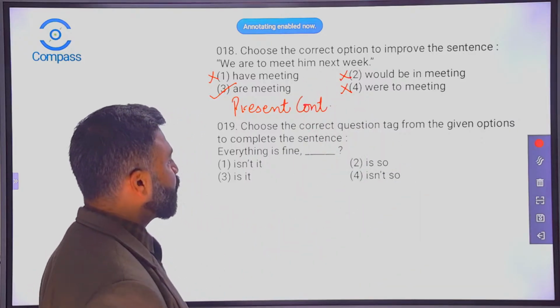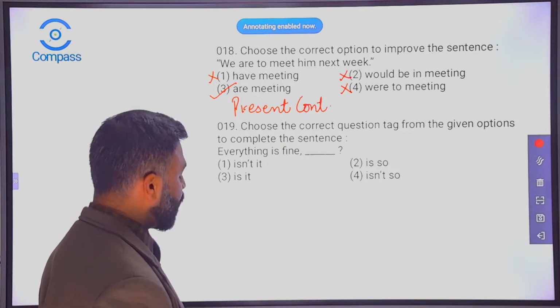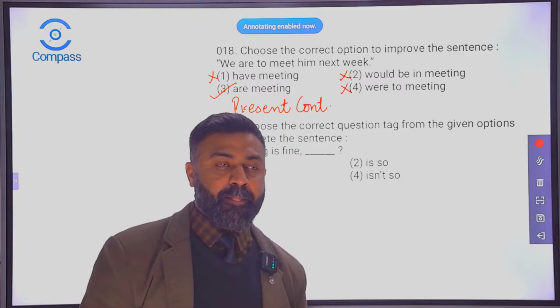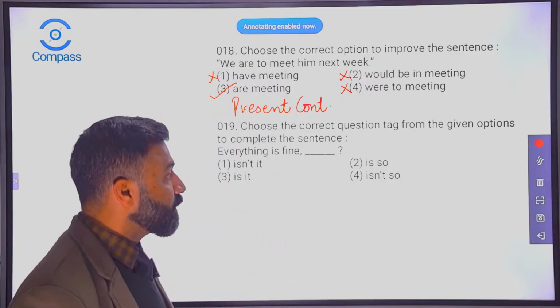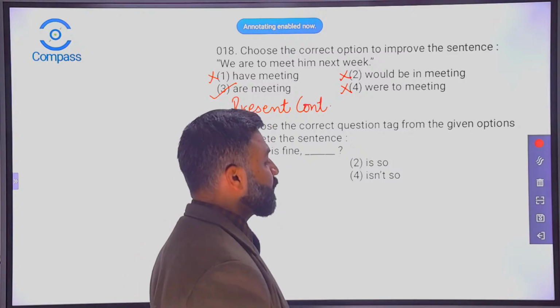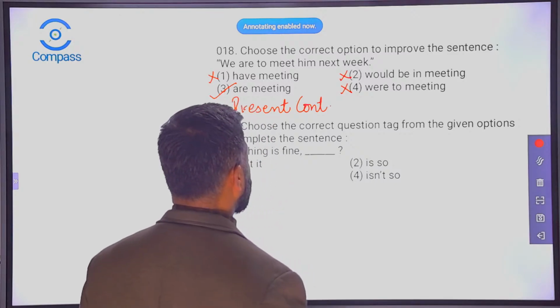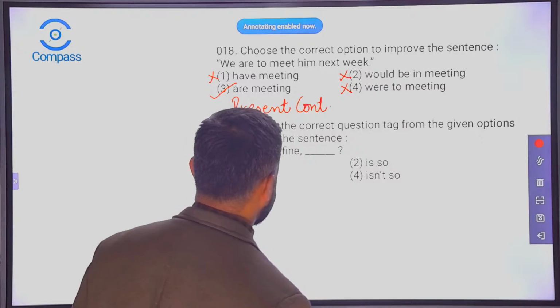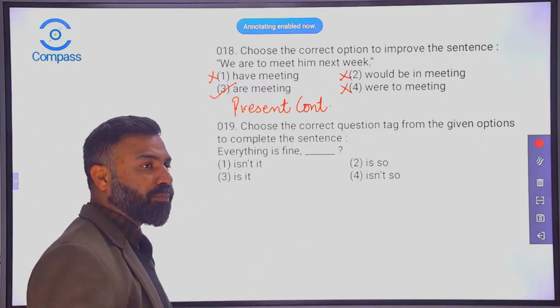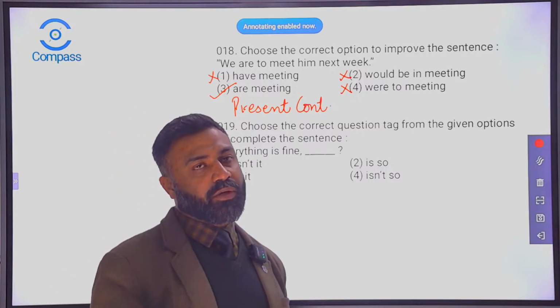Question number 19, choose the correct question tag. Okay, question tag is also one of the most important parts of such examinations, right? One should not neglect it. So choose the correct question tag from the given options to complete the sentence. Everything is fine. So let me give you an insight of what are question tags.